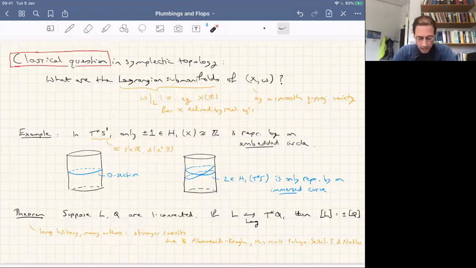If I replace T star S1, where we have this easy topological argument, by almost anything, for instance T star S1 times T star S1, you could look at the product of the two pictures I've drawn, with an embedded circle and an immersed circle.